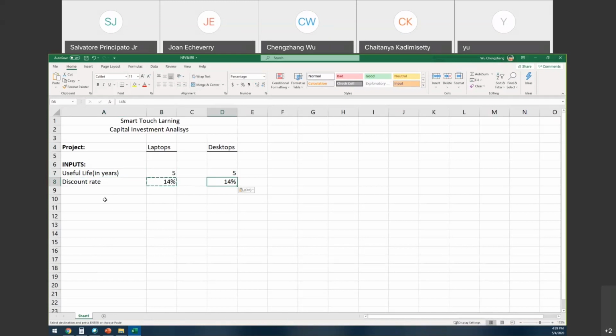We have some constants. Initial investment to be negative 1 million.